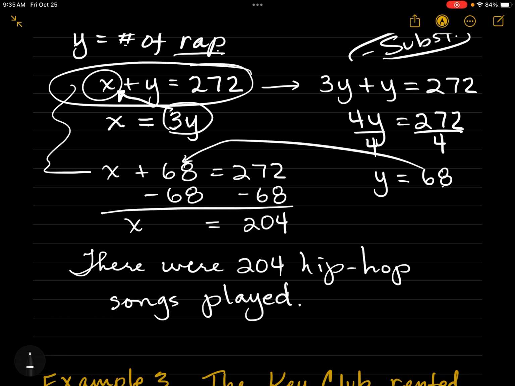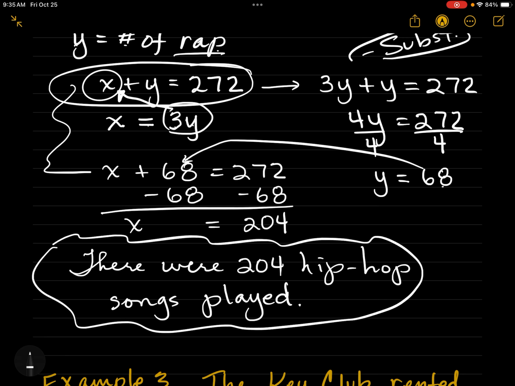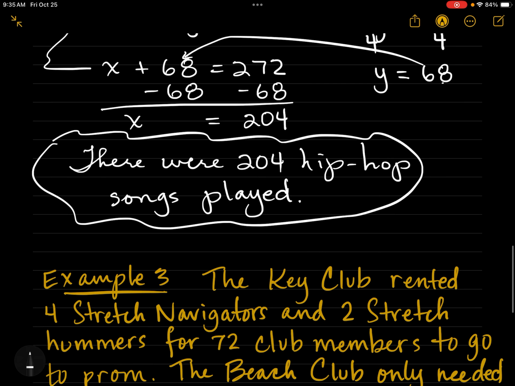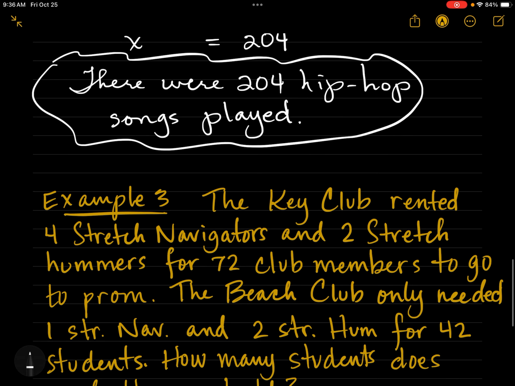That's a lot of songs. Alrighty, it's always best to answer a word problem with a sentence. It gives context to the problem.